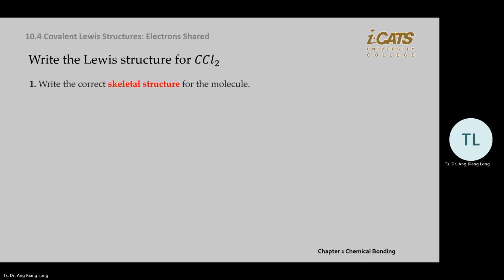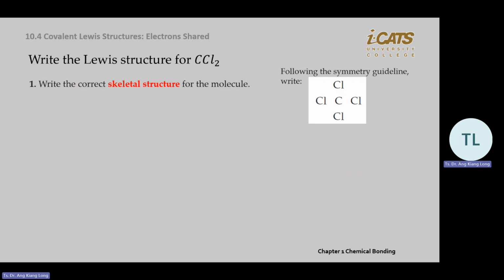Cl is also another popular element you will see in later chapters. Cl will be group number 7, so it has 7 electrons. So you group the skeletal first. Sorry, this one is wrong. It should be Cl.